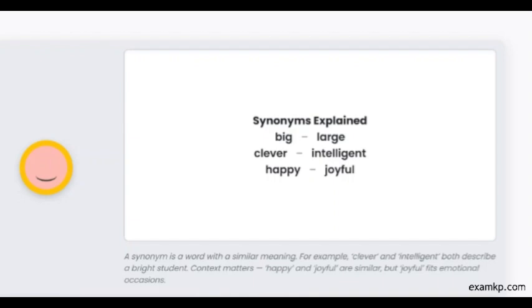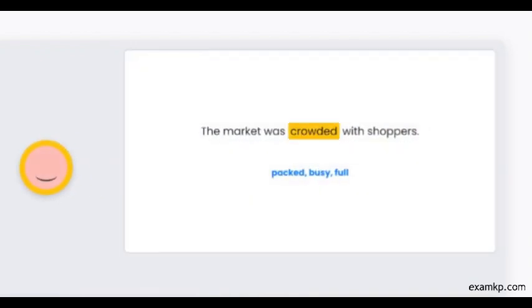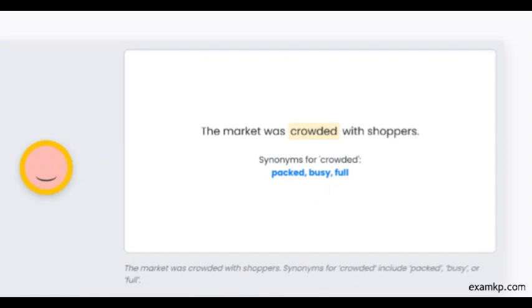Tip: always remember synonyms can change slightly depending on context. Happy and joyful both mean glad, but you'd use joyful in a more emotional situation, like a joyful wedding in Lagos. Example: the market was crowded with shoppers. A synonym for crowded could be packed, busy, or full.